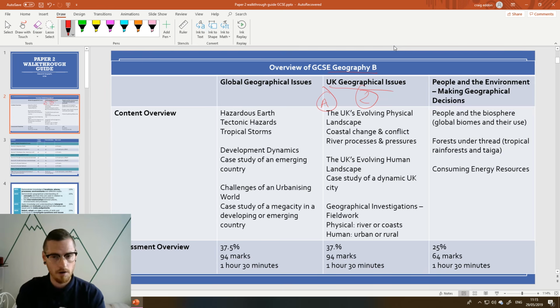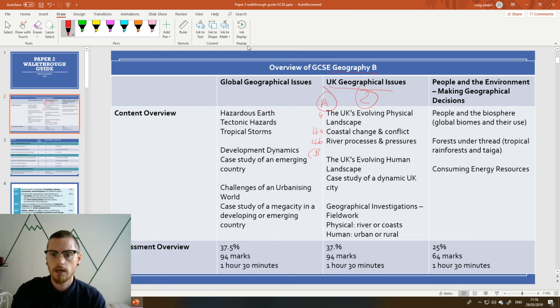It's only worth 8 marks overall. And then you've got 4, this is actually called topic 4 in the entirety of the specification. This is 4. 4A is coastal change and conflict, so that's your coasts topic, and 4B is river processes and pressures. That's basically one topic, section A.